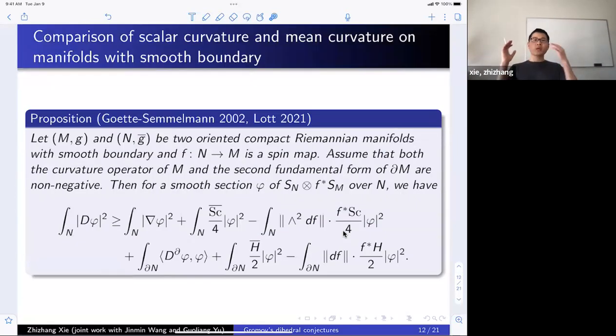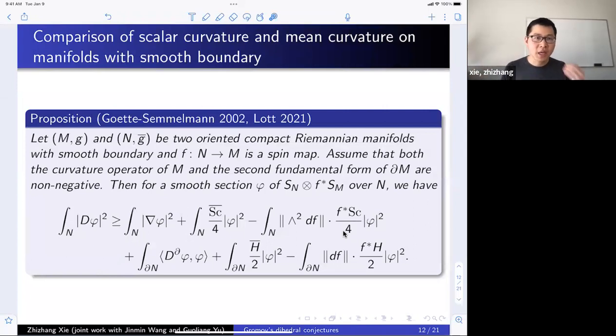So in order to prove this, there are basically two key ingredients. One is we should have some result that uses the Dirac operator to deduce the comparison of scalar curvature, mean curvature, and the dihedral angles.